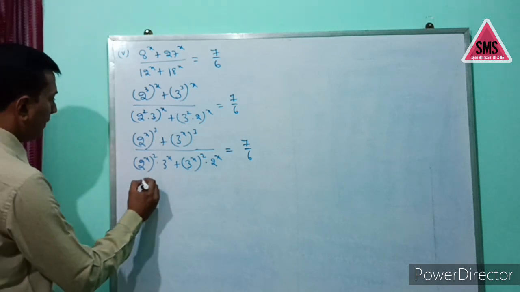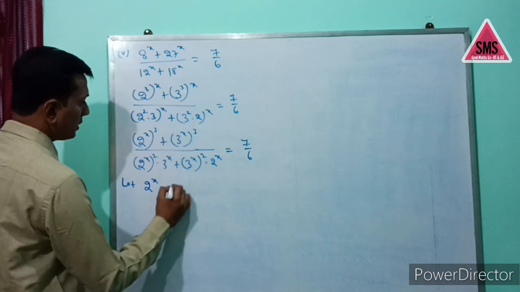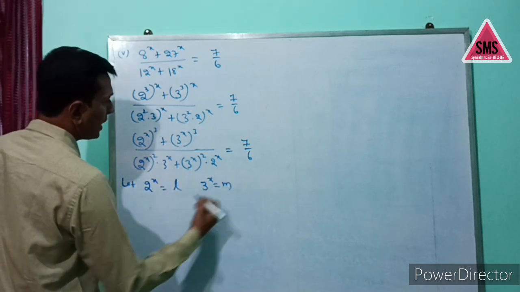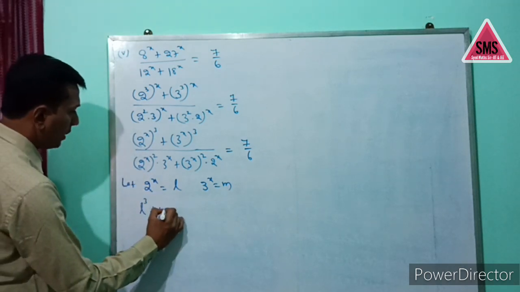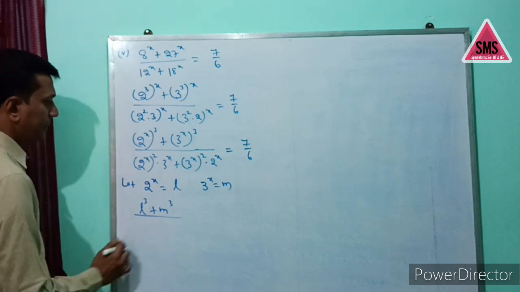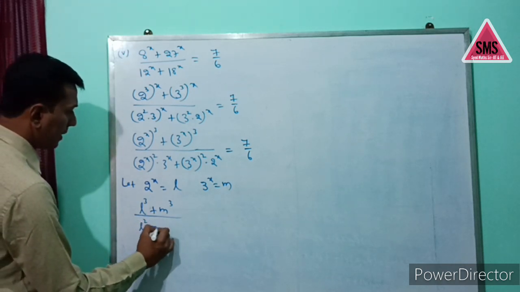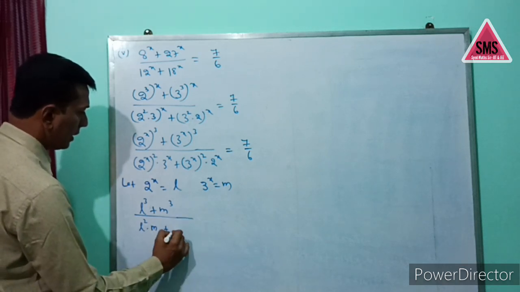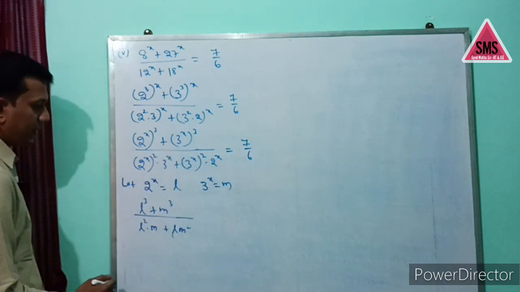So I will consider 2 power x as some L and 3 power x as some M. Then I can write it as L cube plus M cube by L square into M and L M square.